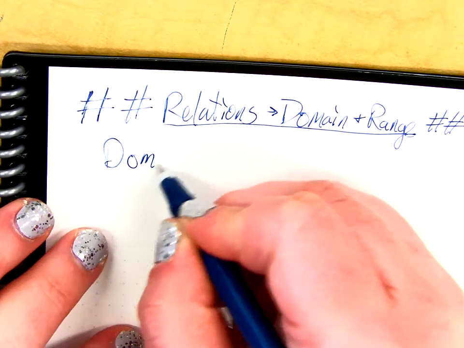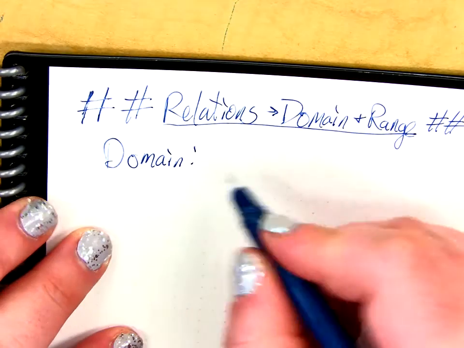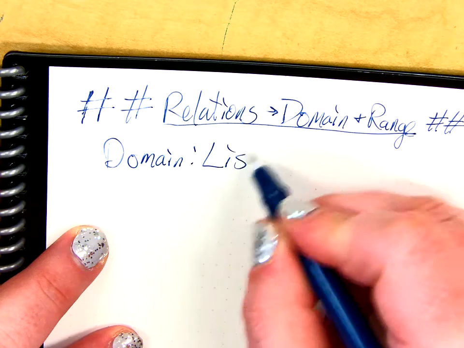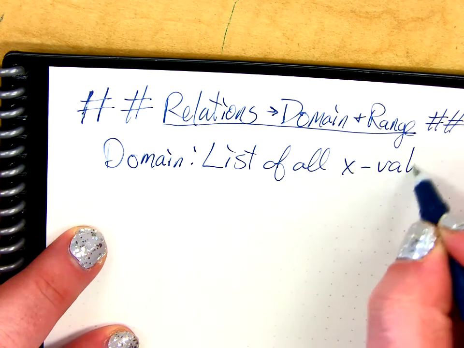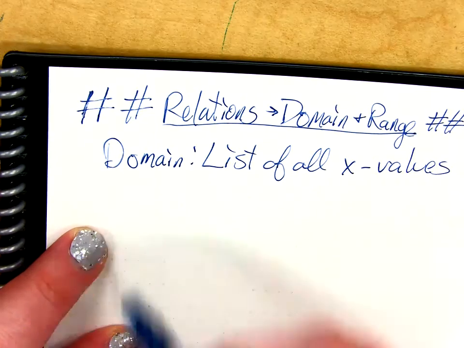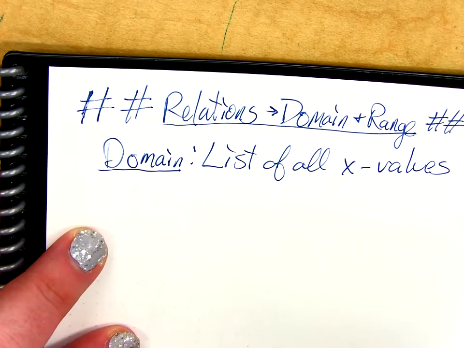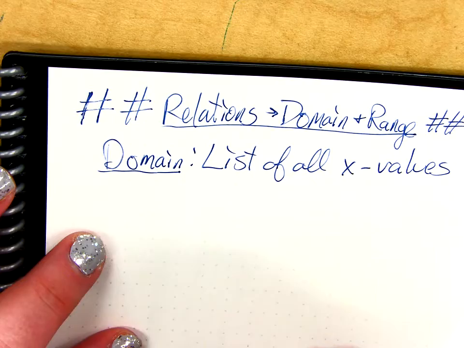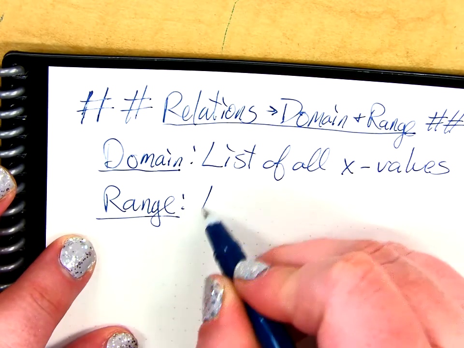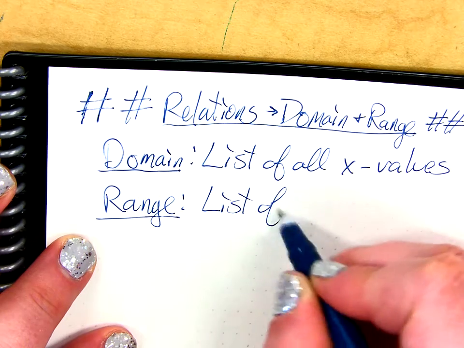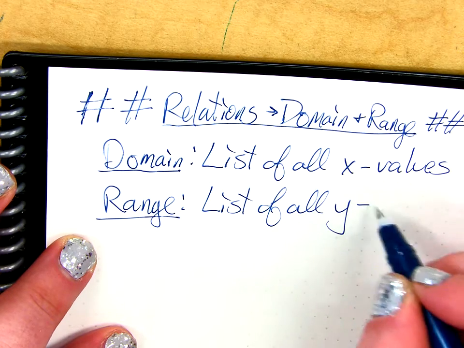Domain, this is going to be a list of all x values. So if that's domain, what do you think the range is? You got it. Range is simply a list of all y values.